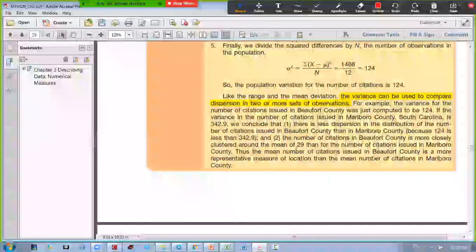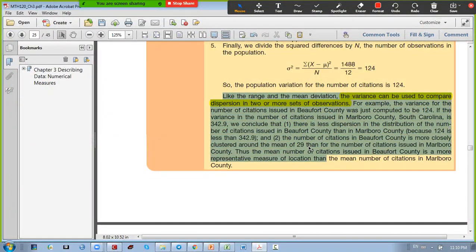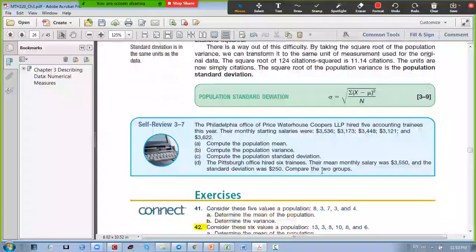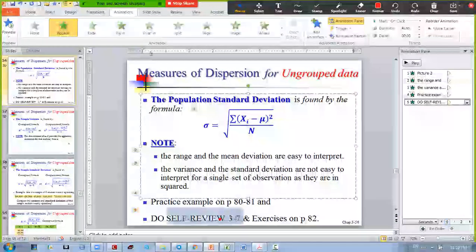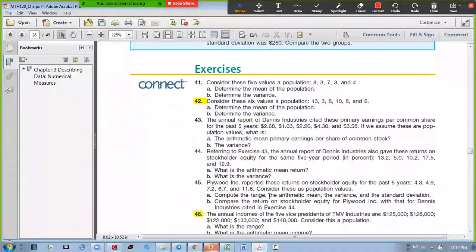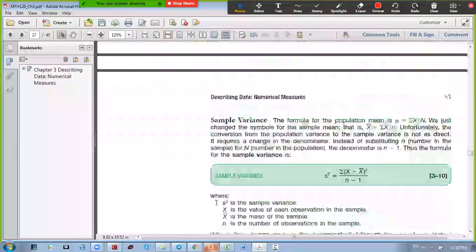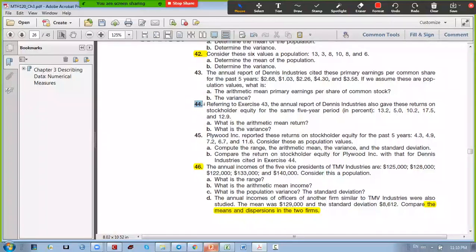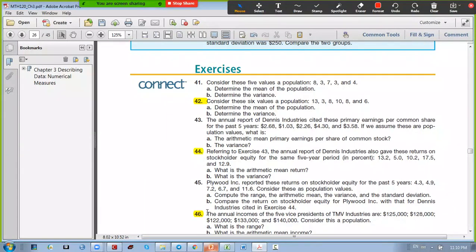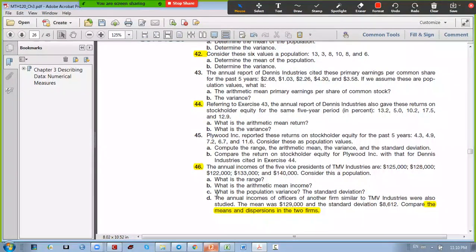They also have some explanation here, and then this population standard deviation, and you have self review 3.7, and you have the other exercises for homework: 42, 44, 46.